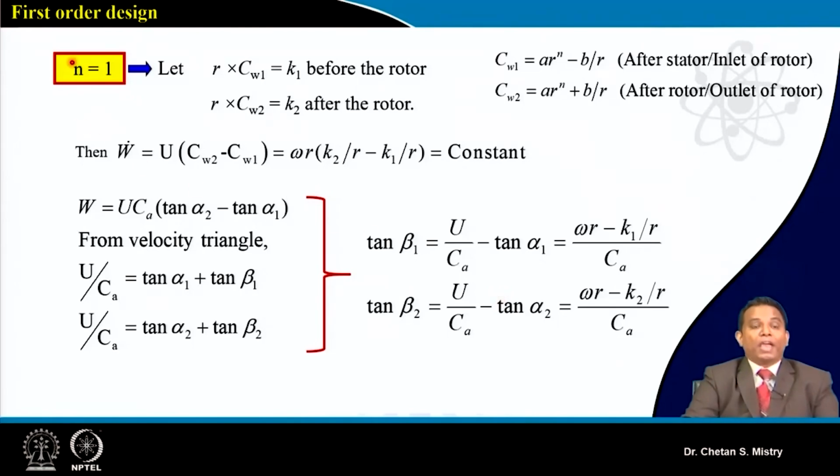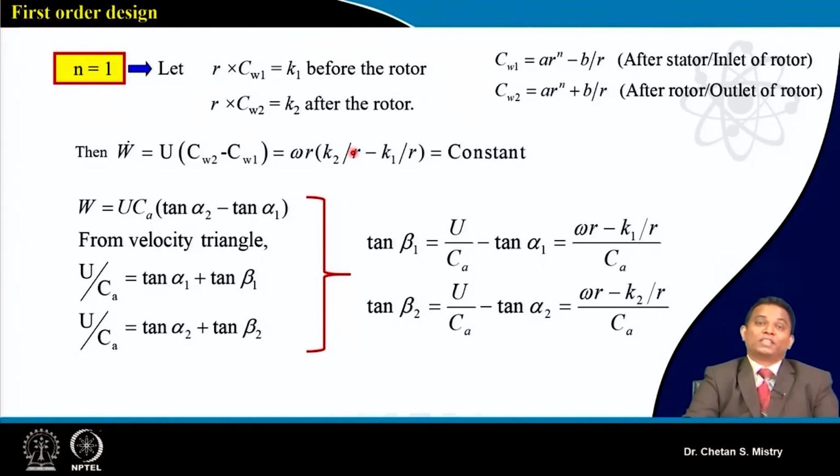In this formula, I am simplifying by assuming R into CW1 equals some constant K1, and R into CW2 equals some constant K2. If I put that in my work done equation, U into CW2 minus CW1, it comes out to be constant.